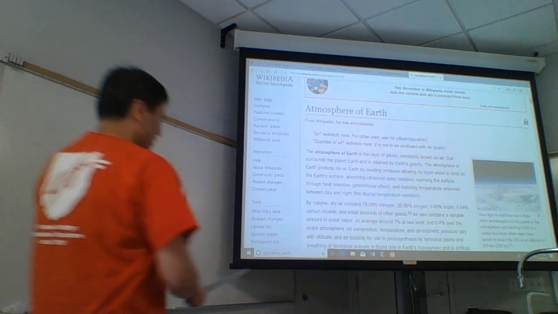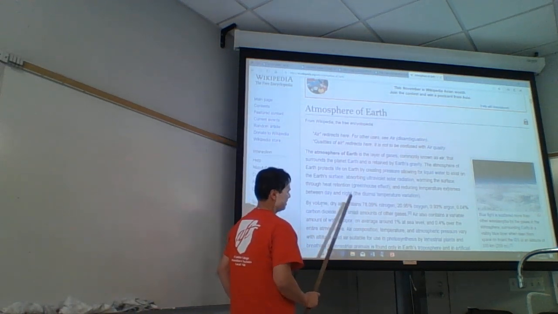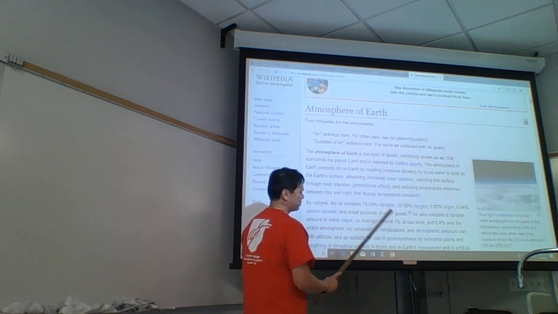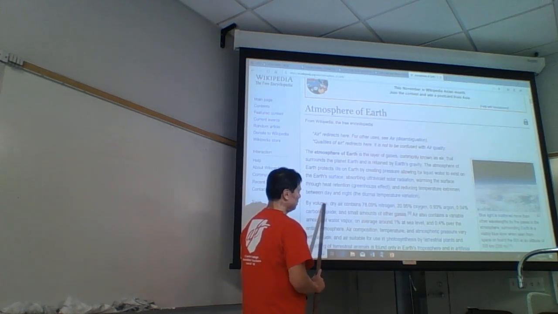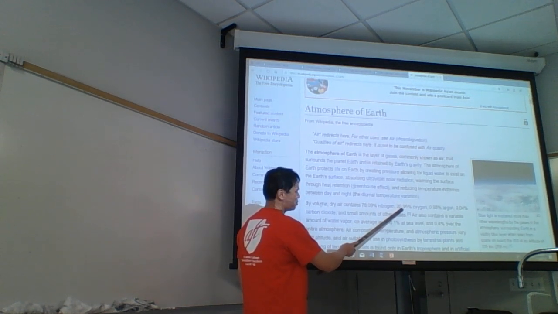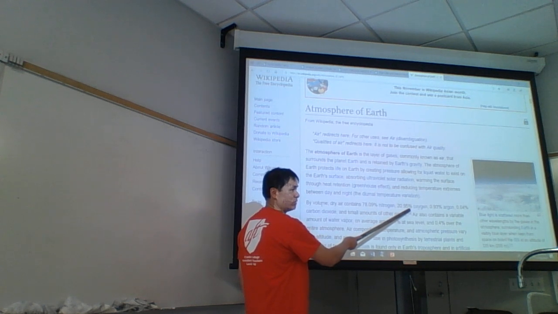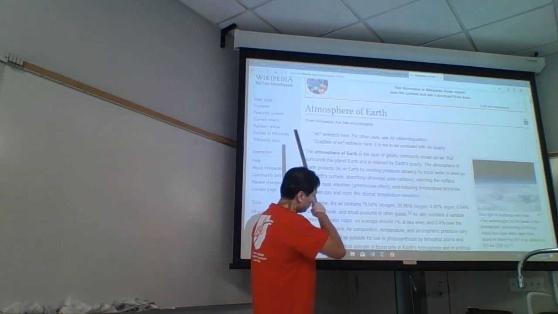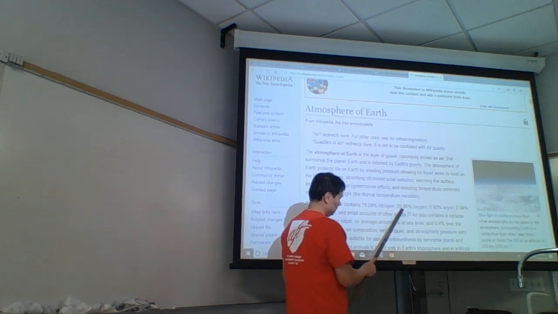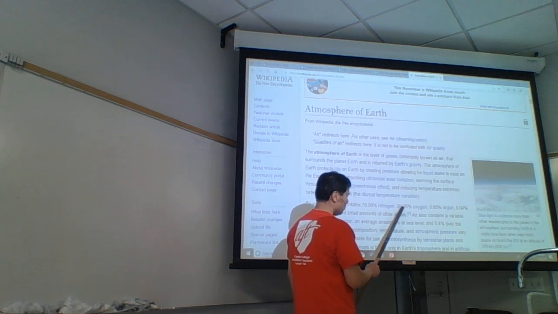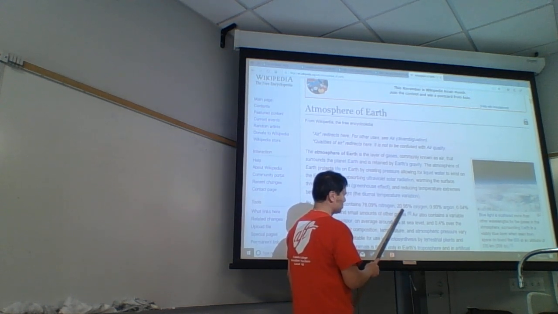This is for dry air, and so it depends on the humidity. The humidity level will change the percentage. But if we're dealing with dry air, then the percent oxygen is 20.95% to 4 sig figs. If we're dealing with humid air, it's going to change. If there's humidity, then this percentage goes down.